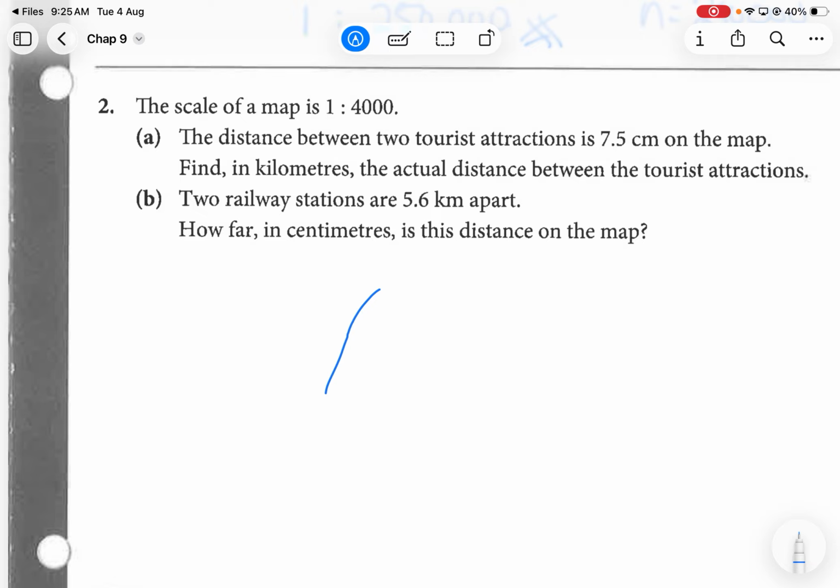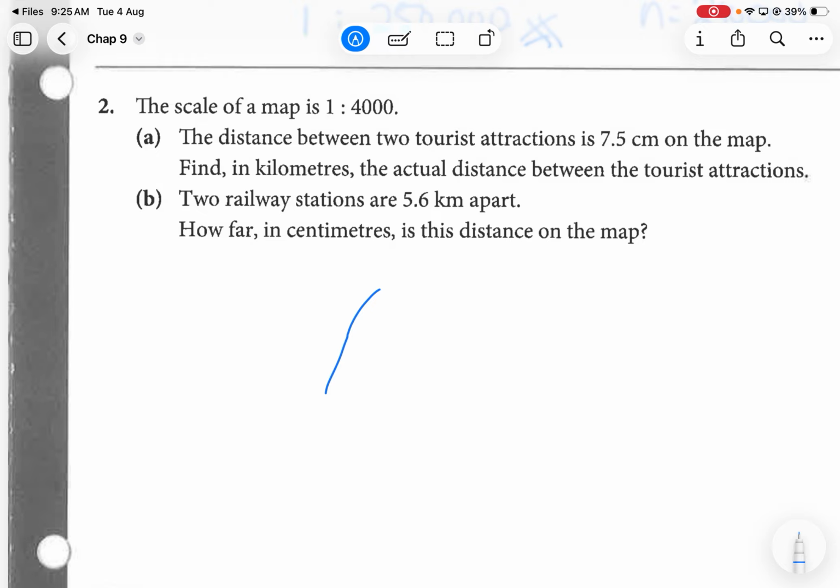40 meters. Extreme example, okay? So that is what it means. Everything in the map multiplied by 4,000 is the real world. So, if the distance between two tourist attractions is 7.5 cm on the map, in the real world, what is the actual distance?